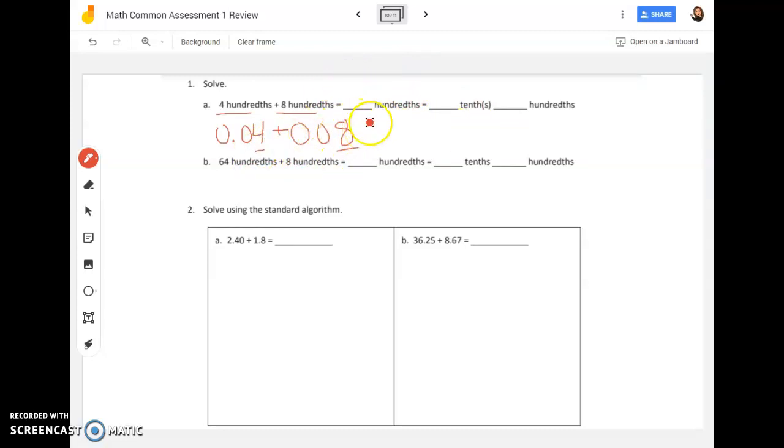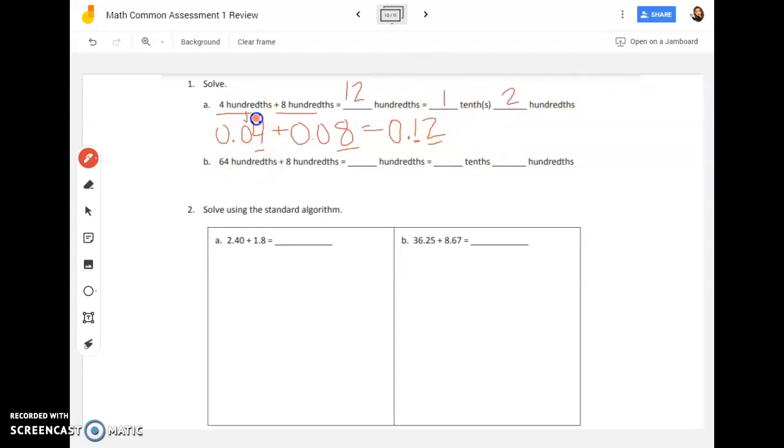Well, 8, 9, 10, 11, 12. That gives me 12 hundredths. And 12 hundredths is the same as having 1 tenth and 2 hundredths.